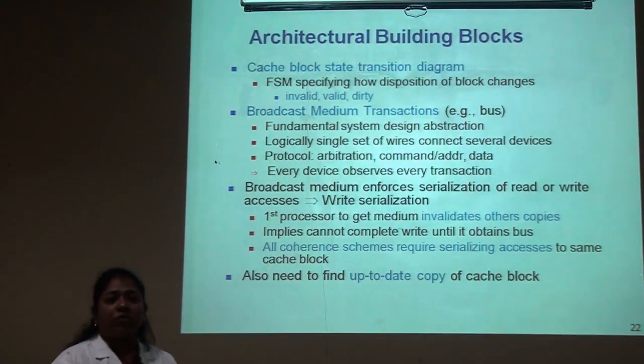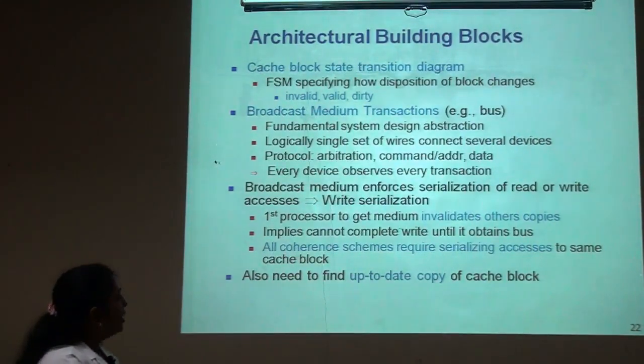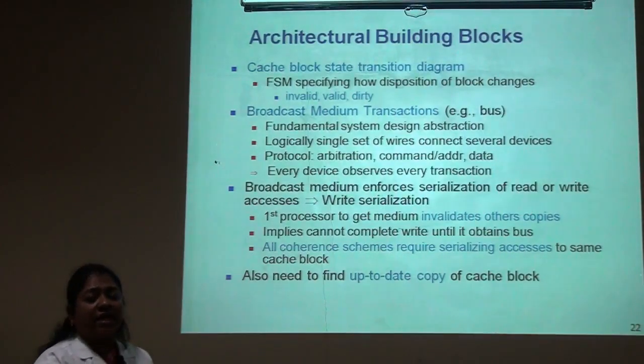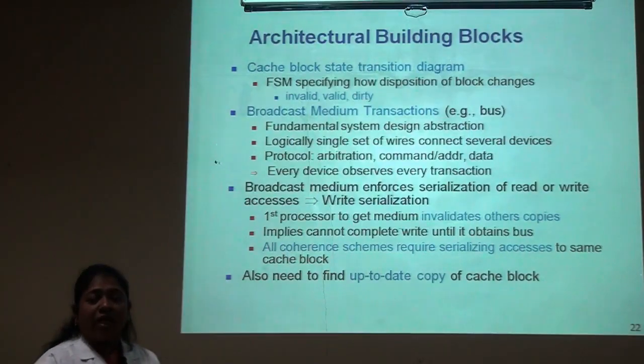With the use of the bus only, all the data can be transferred between the main memory and the cache memory, the cache memory and the processor, the processor and the cache memory, and the cache memory and the remaining processors and the main memory also. Write serialization is also very, very important, because to enforce cache coherence, write serialization is essential. For that purpose only we use write invalidate and write update.